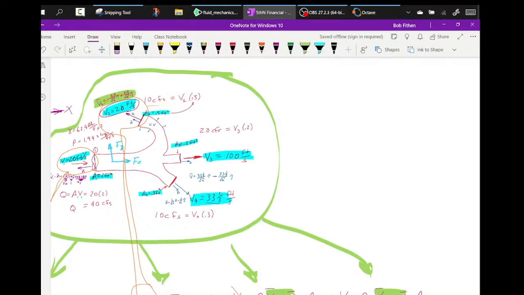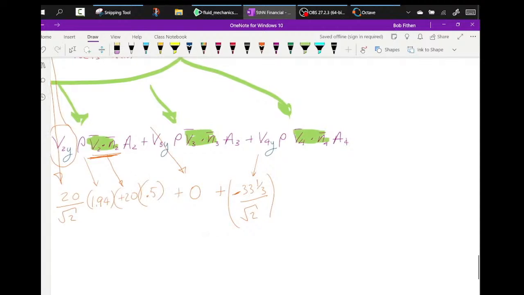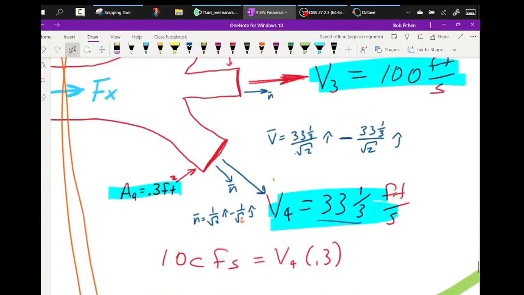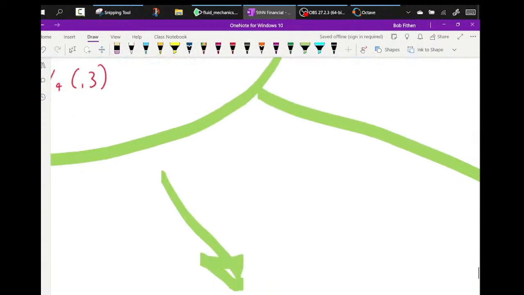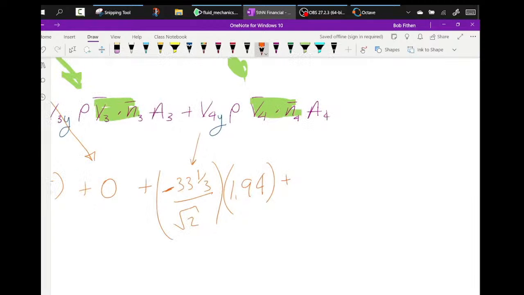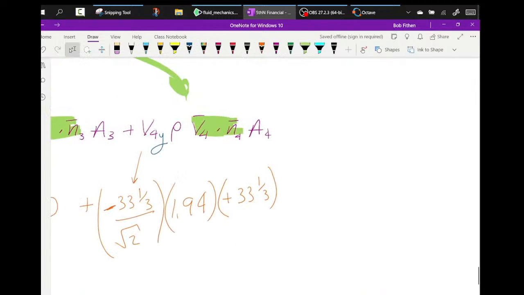So that's why you got a positive right back here. That's why you get a negative right here. Now, 1.94 is just 1.94. V4 N4. They're both going the same direction, positive. So the dot product is positive. So it's plus 33 1/3. Let's multiply. And I don't remember A4, which it was 0.3 feet squared.